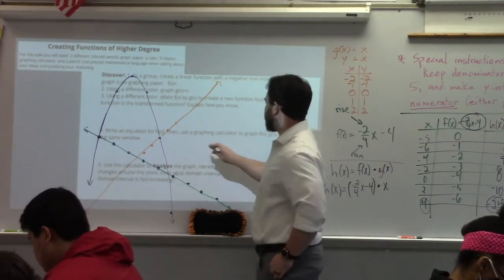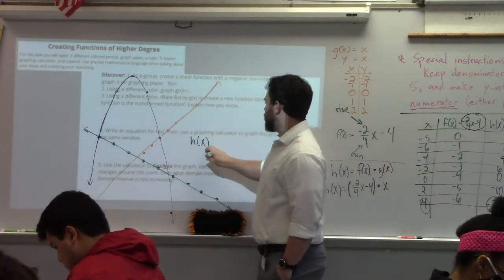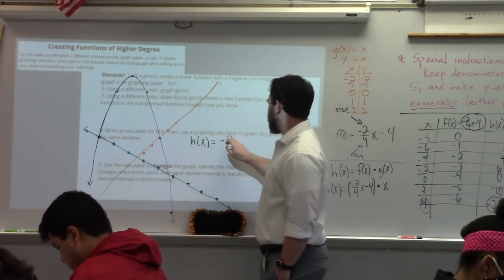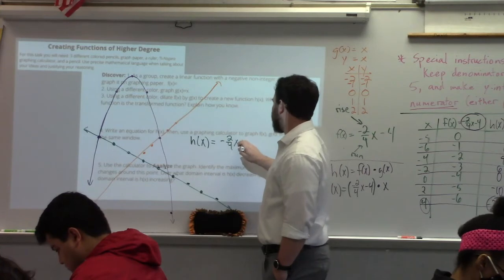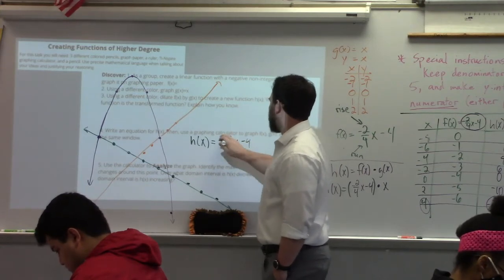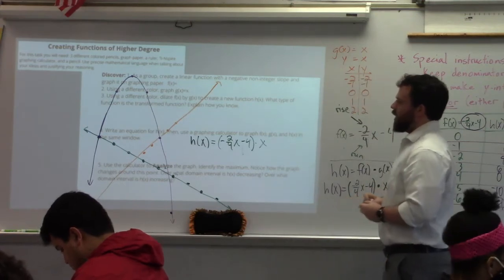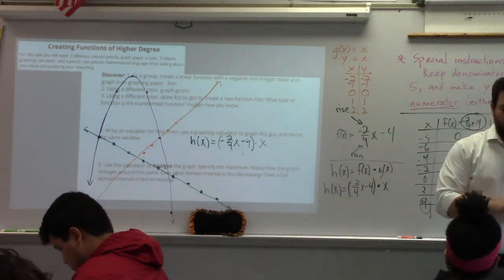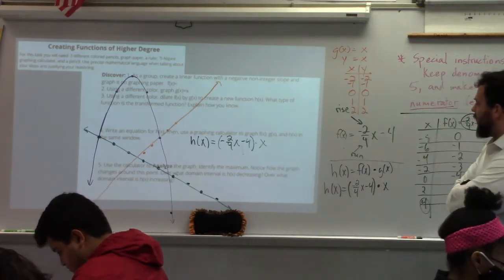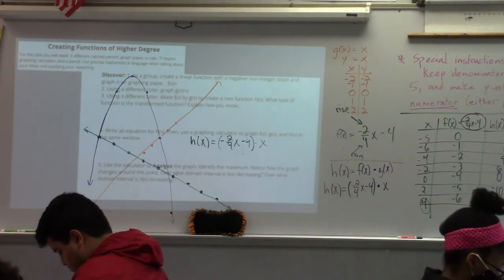So for h of x, depends on your equation, but negative 2/4 x minus 4 parentheses times x. All right. So we need to use the calculator to analyze the graph, identify the maximum.